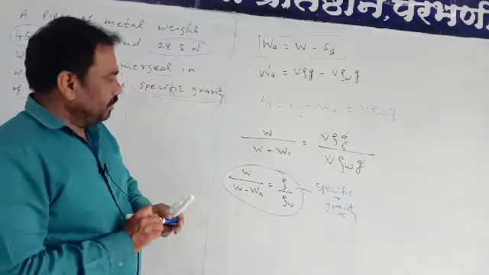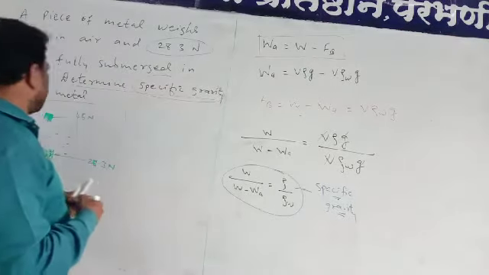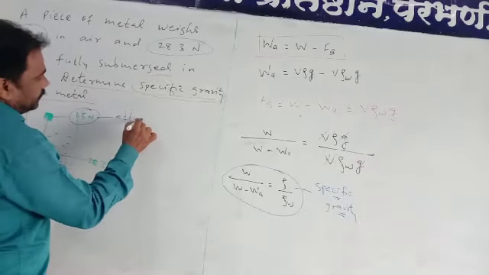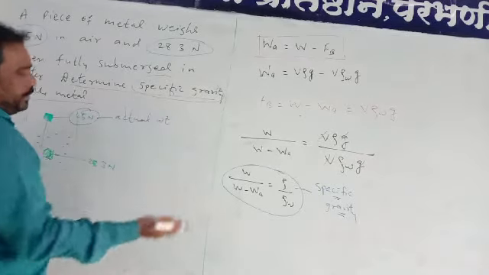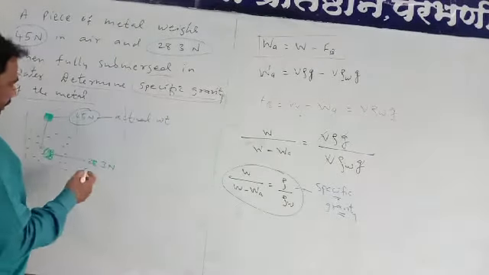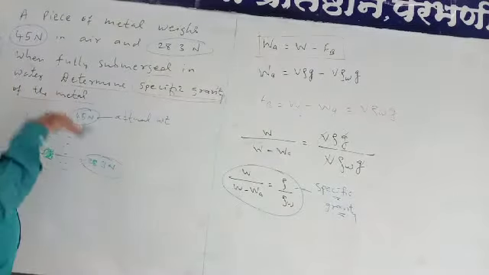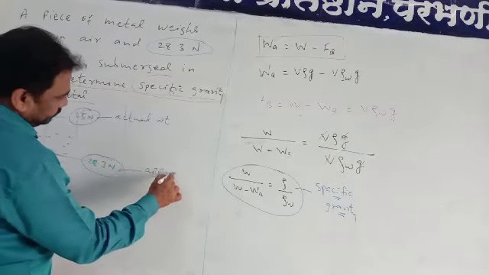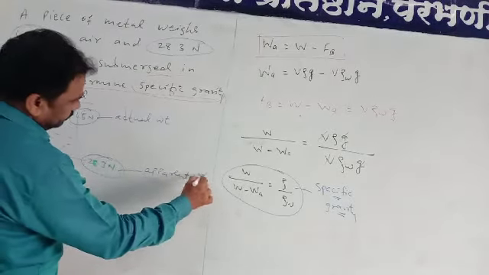What is the value of the weight? The actual weight is given; this one is the actual weight, present in the air. The apparent weight is this one when it is inside the water.